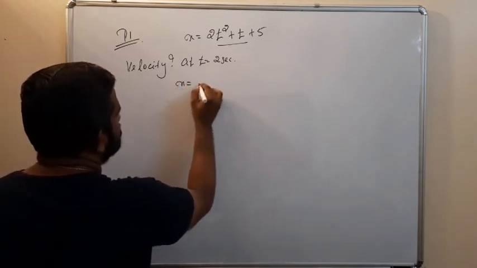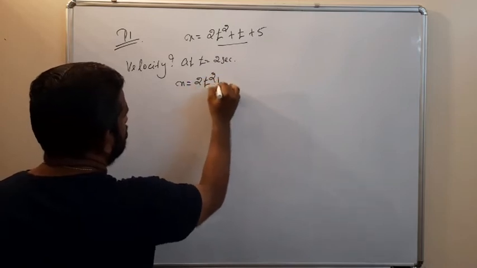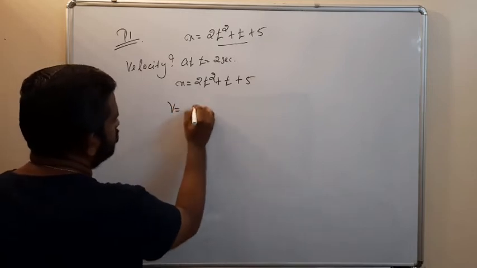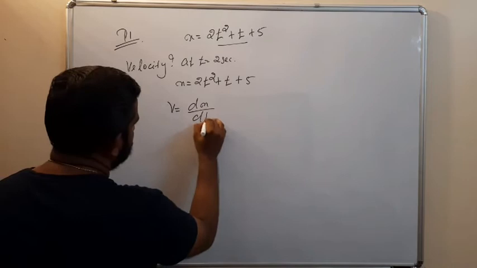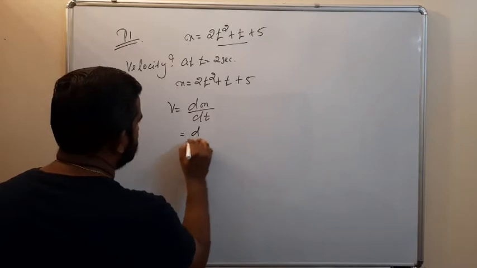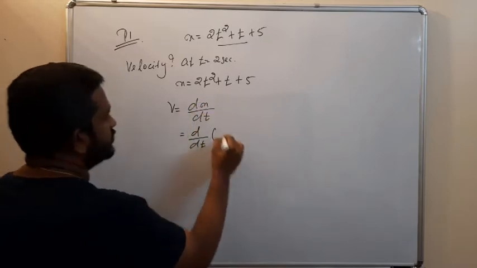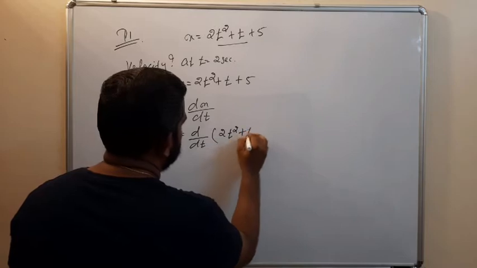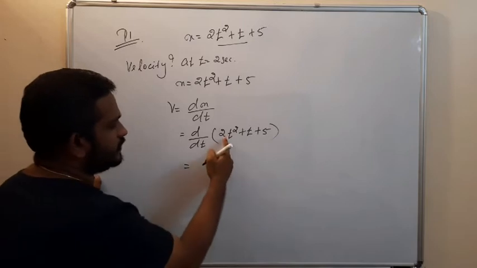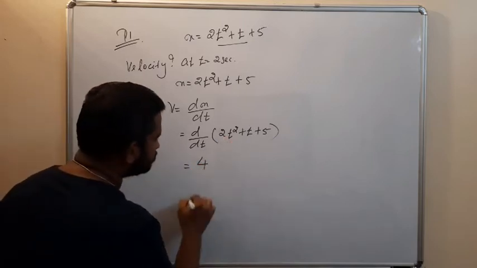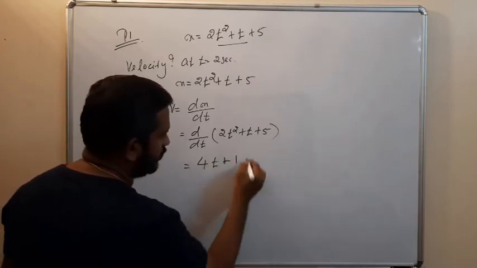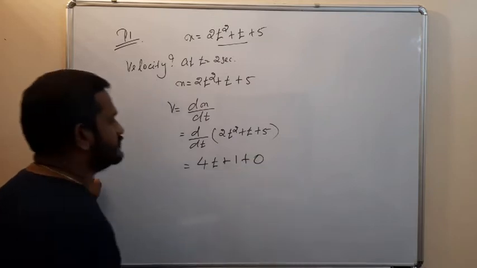The given x is equal to 2t square plus t plus 5. So velocity v is equal to dx by dt, that is d by dt of 2t square plus t plus 5. The differentiation of 2t square is 4t, plus differentiation of t, that is 1, plus differentiation of a constant, that is 0.